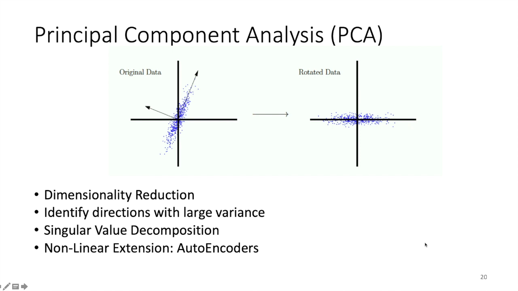Another well-known technique that has been there for a long time, and you might have heard it a lot, is called principal component analysis, or PCA. PCA basically transforms your data points in a linear way and rotates your axes in a way that the space gets shrunk.